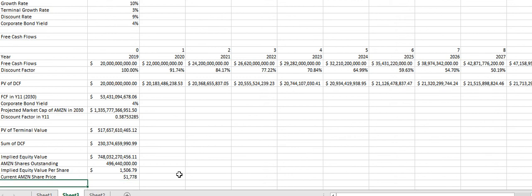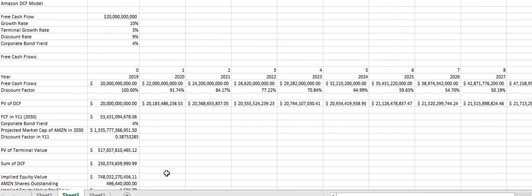So you can see here on this model that we project Amazon's going to grow its free cash flow by about 10%, which I would say is about right for a growth stock like Amazon.